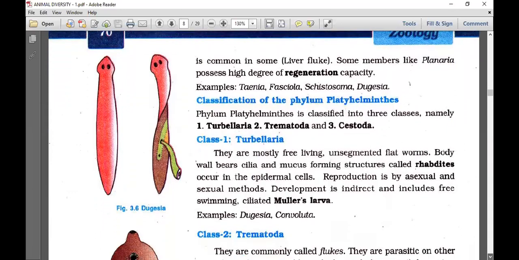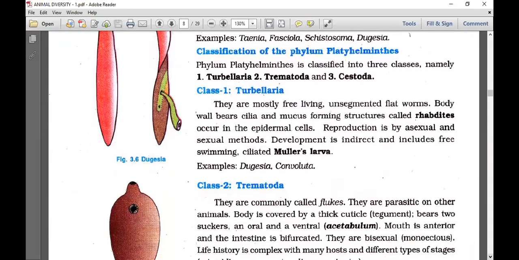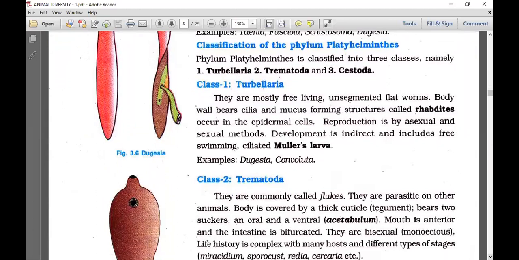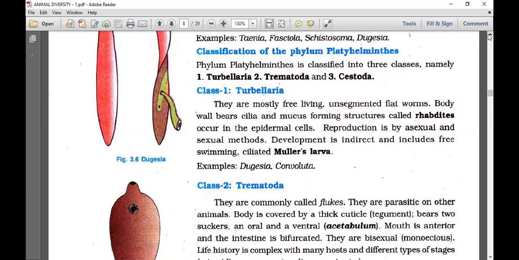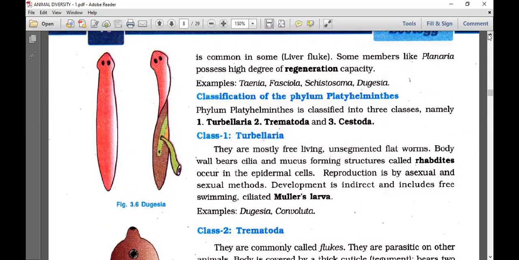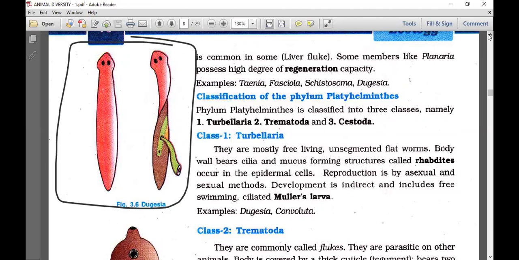Okay, so we'll go along with the classification also. Classification of the phylum Platyhelminthes includes three classes: Turbellaria, Trematoda, and Cestoda. For Turbellaria, you need to see the representation first. Let me show you in the frame. This is the representation of Turbellaria. While reading characters, you need to look towards the diagram.